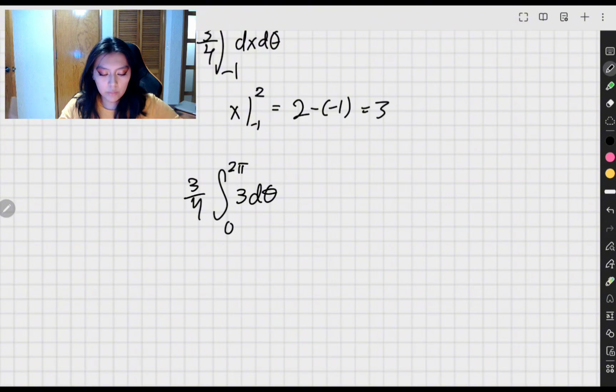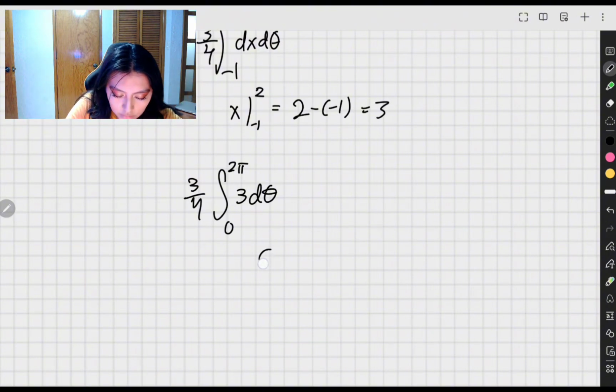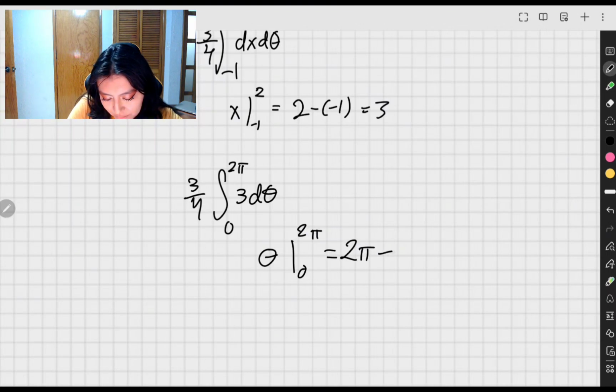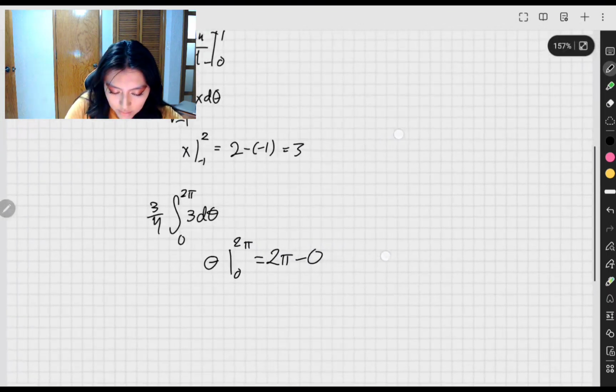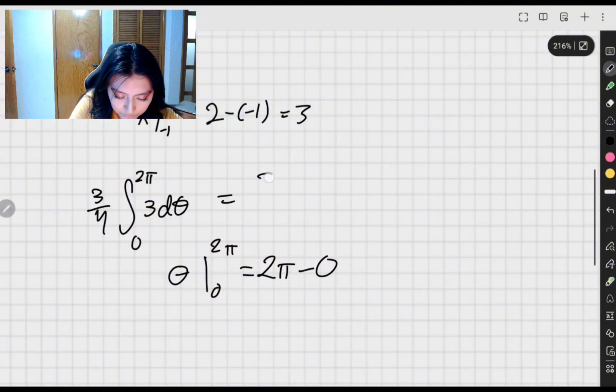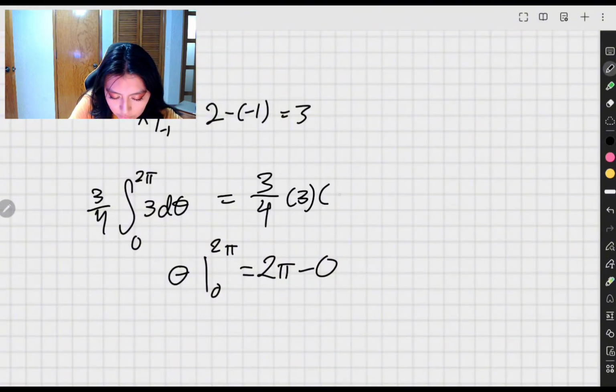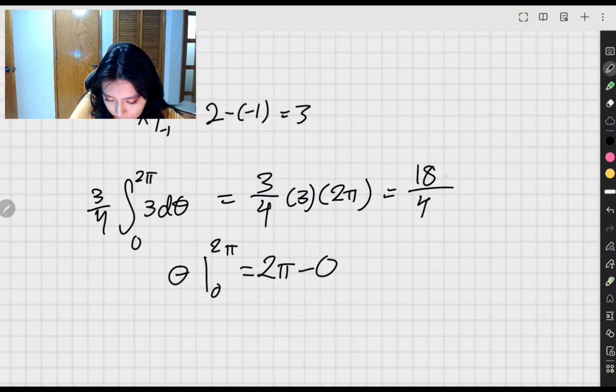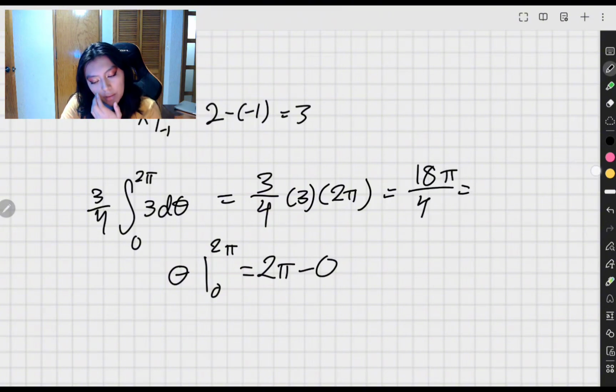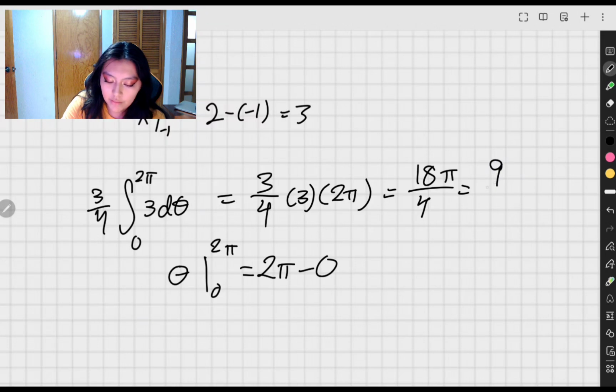This is just the angle evaluated from 0 to 2 pi, which gives 2 pi. And then we just multiply our results. 3/4 multiplied by 3, multiplied by 2 pi, gives 18/4 times pi. And if we simplify this, it gives 9/2 times pi. And that's our final answer.